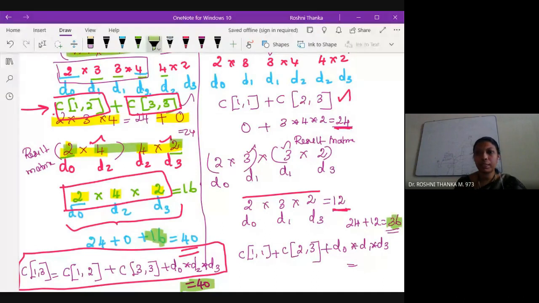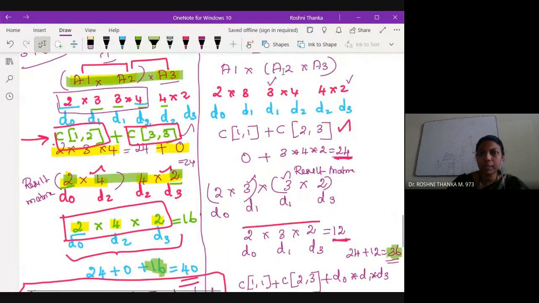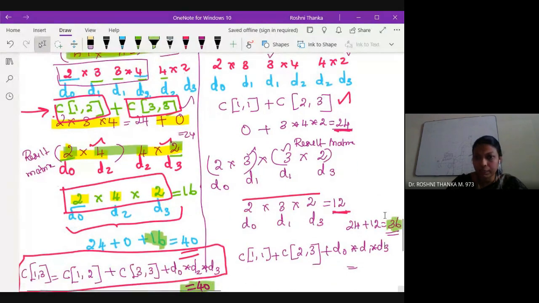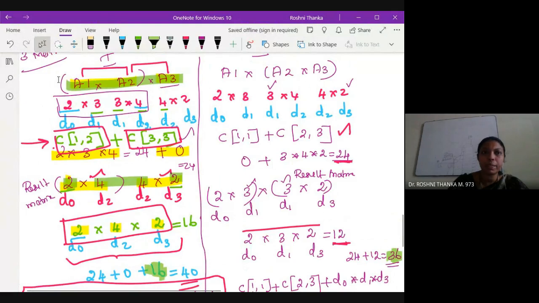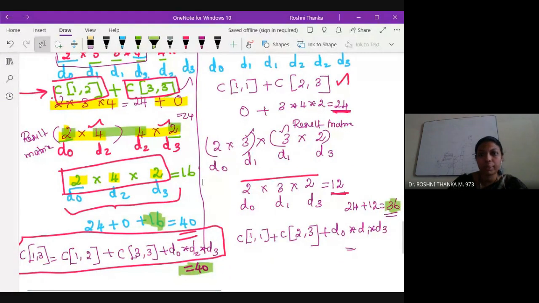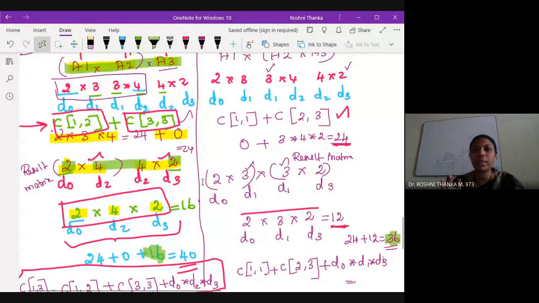So here itself we can see there is some difference. When I put the parenthesis in this fashion, the cost is 36. When I keep the parenthesis in this fashion, the cost is 40. So from here itself you can understand there is a difference.